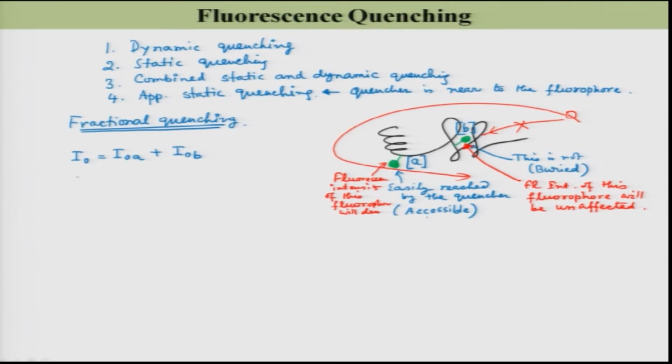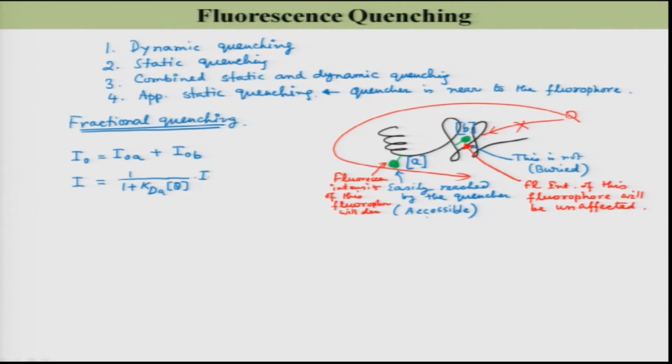So, the fluorescence intensity in presence of quencher, which is typically denoted by I, I can write as I 0 A over 1 plus K d A into Q, where K d A is the Stern-Volmer quenching constant for this.